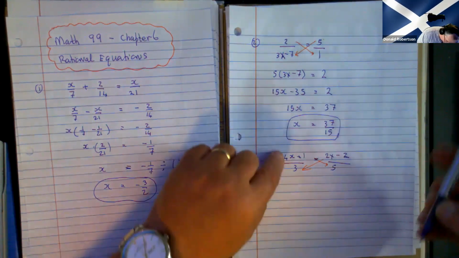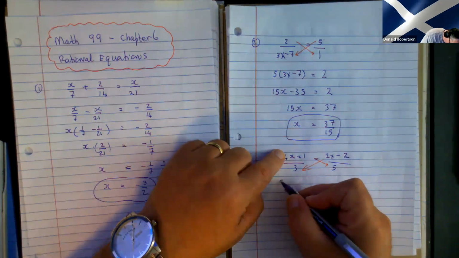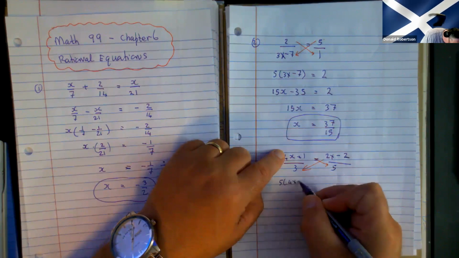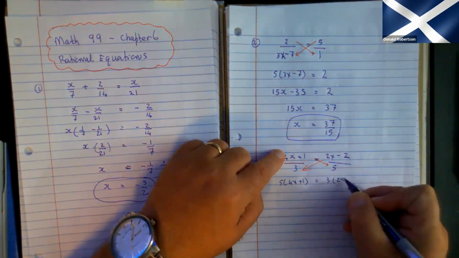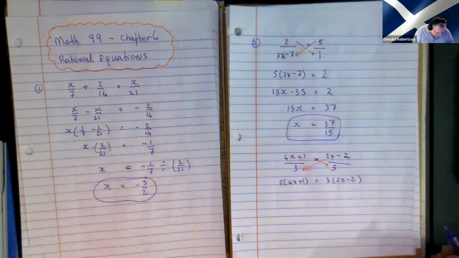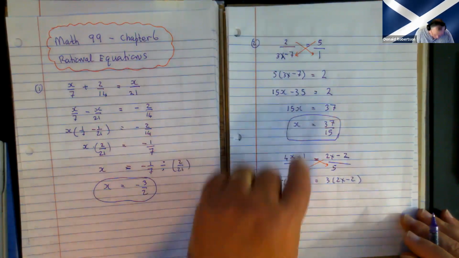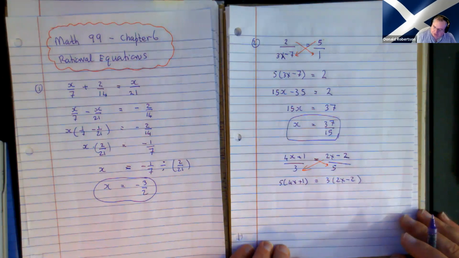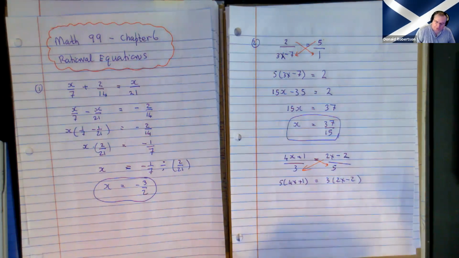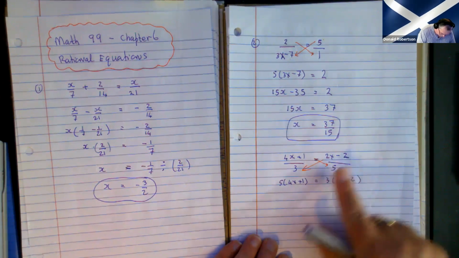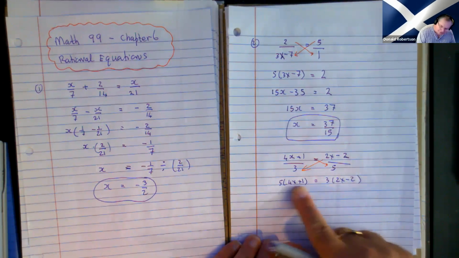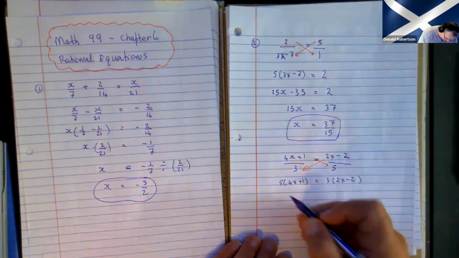And what we're going to have is 5 times this one is equal to 3 times that. So what we essentially are doing is trying as quickly as we can to remove the fractions from the problem, so we no longer have fractions to deal with. So this fraction equal that fraction translates into this, which is much easier to deal with.